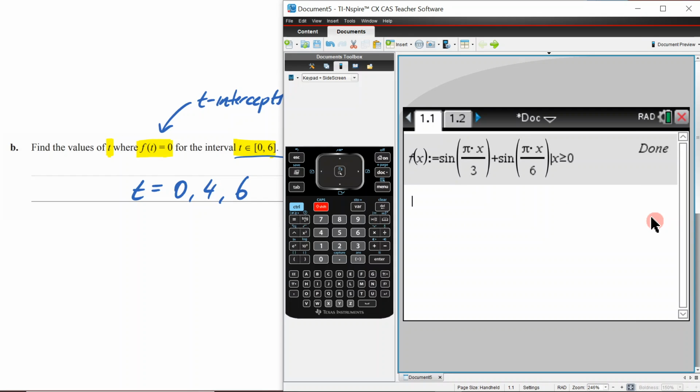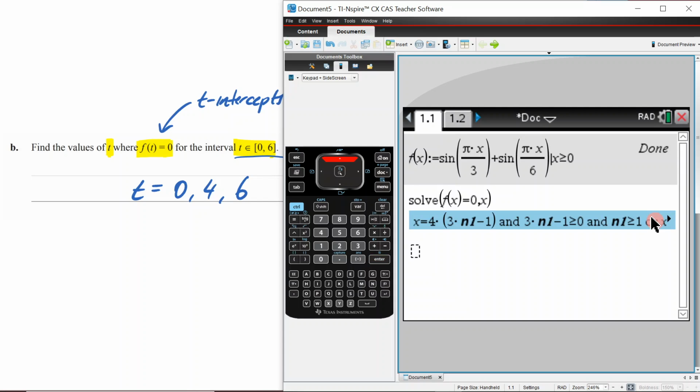What we're doing here is solving for when f of t is equal to 0, and I'm doing that for those t values, and I have put that in not correct. What went wrong there? It's giving me all the possible ones, because this keeps on going to infinity, so I don't want that.